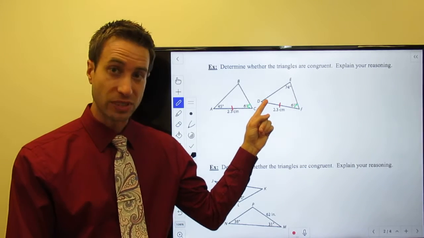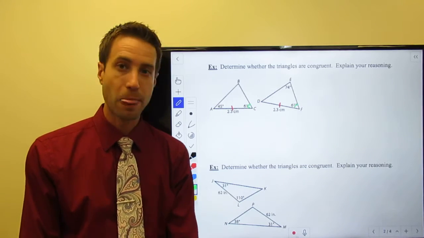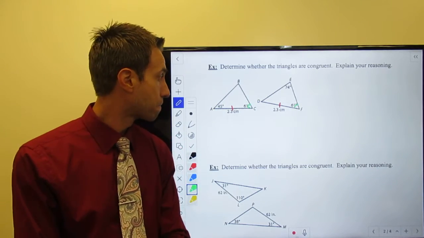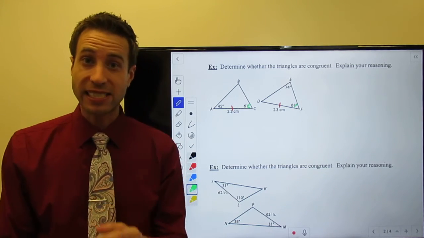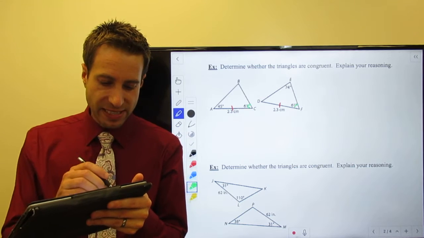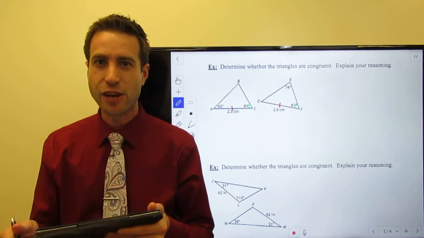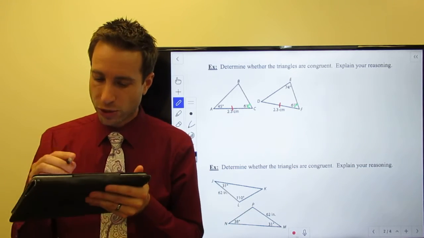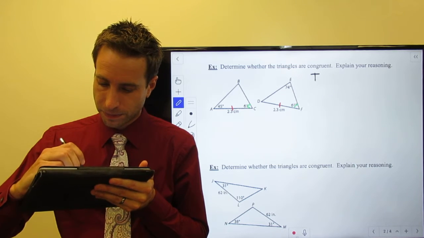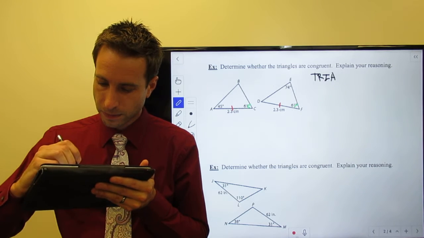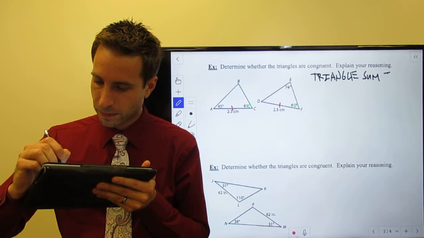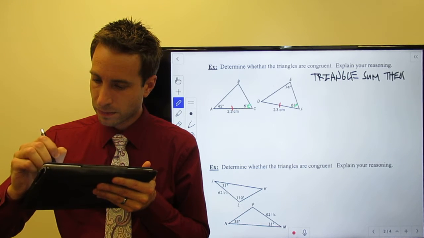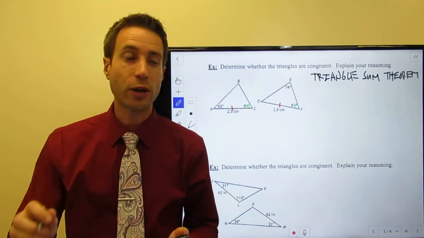Can I show that angle D is congruent to angle A? Well, any ideas? I take a look at this and here's what I see. I remember from the previous section, in the previous set of notes, we learned the triangle sum theorem. Remember what the triangle sum theorem said?